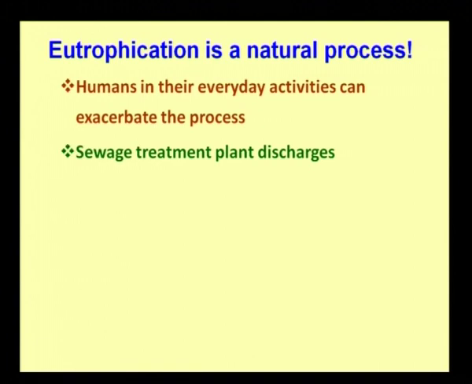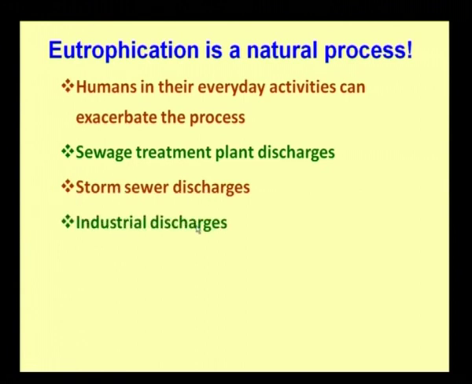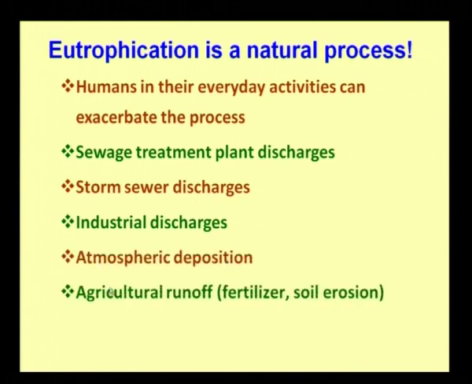Sewage treatment plant discharges, storm sewer discharges, industrial discharge, atmospheric deposition, agricultural runoff, fertilizer and soil erosion, and septic systems. So all these are various causes for eutrophication.